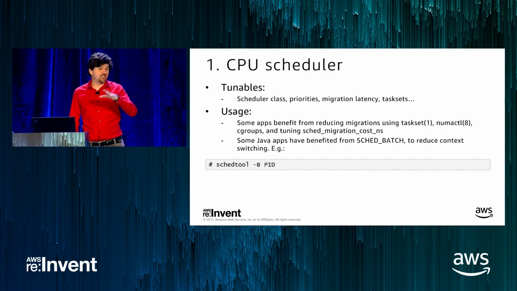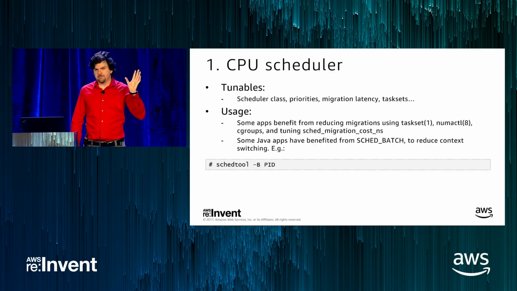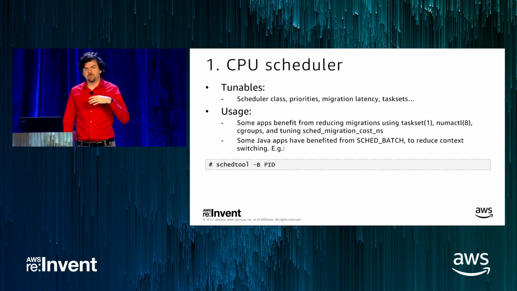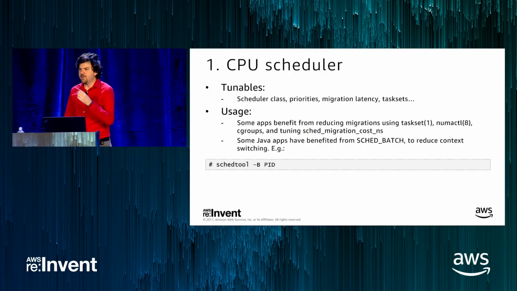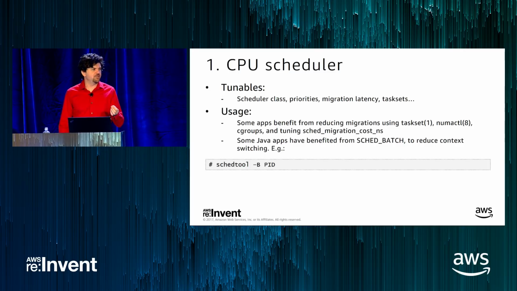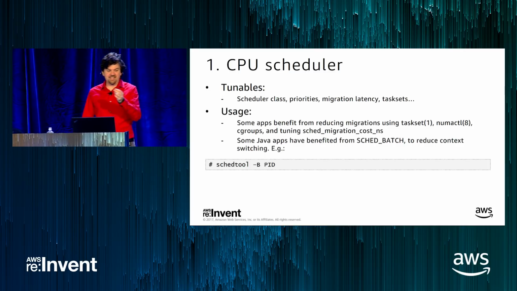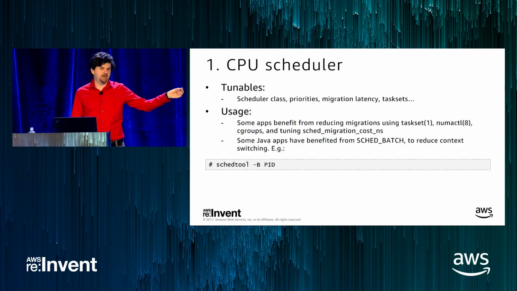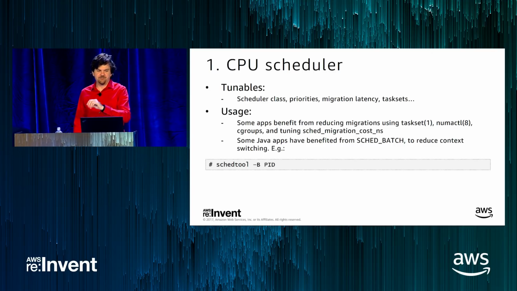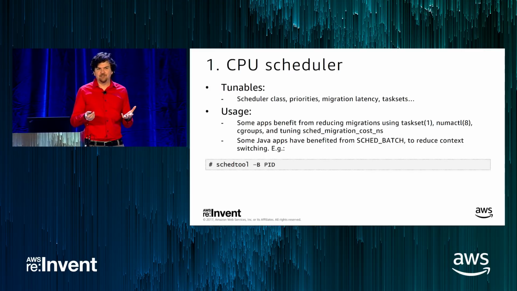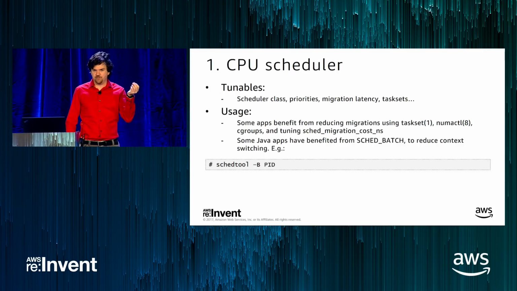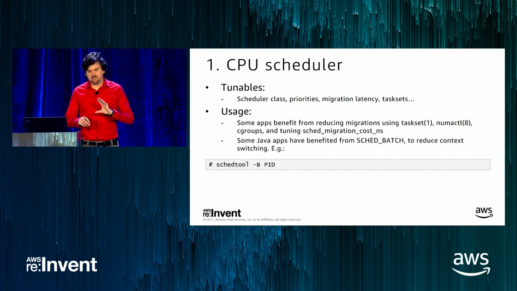If the thread is context switched off, because there's an interrupt or another application needs to run, and then that thread needs to run again, but that CPU is busy, do we pick an idle CPU and migrate the thread, or do we wait a little bit to see if the CPU will free up? There's a performance benefit from waiting a little bit because the caches are warm on that CPU. And so some of this can be tuned.